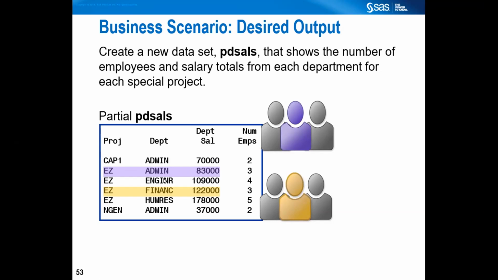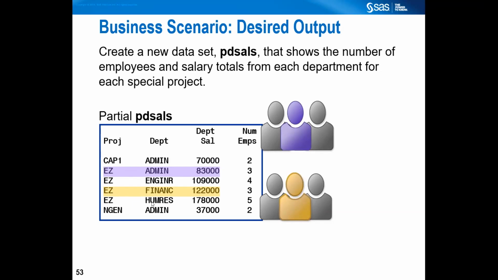Department is different, project is same, total salary, number of people. Project is same, which is EZ, but now the department is different, salary, and the number of people working.